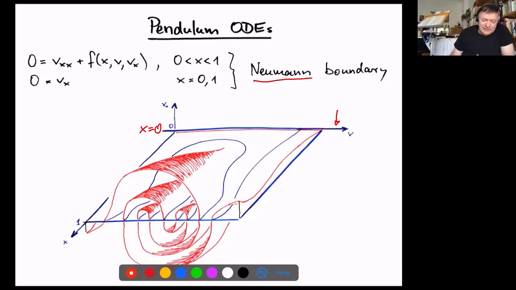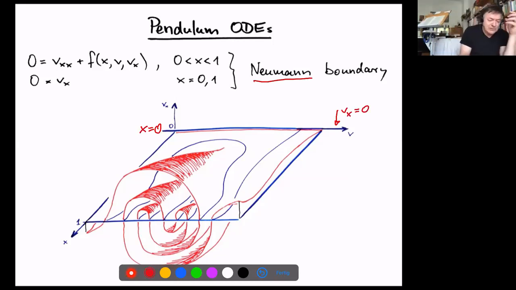Start with a horizontal axis, with a v-axis, v sub x equals 0. So you have satisfied the Neumann boundary conditions. Take all those solutions, watch them evolve under this chaotic flow. You see the time x equals 1 could be very, very large, in fact.